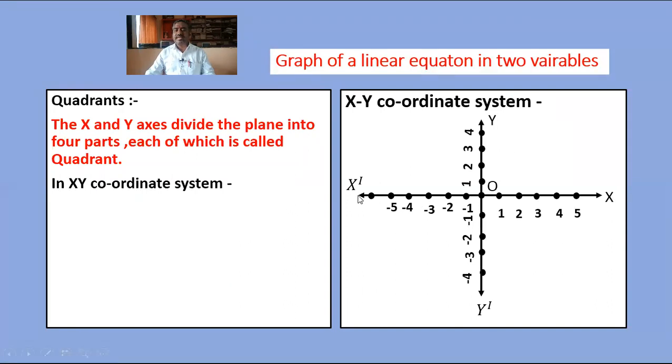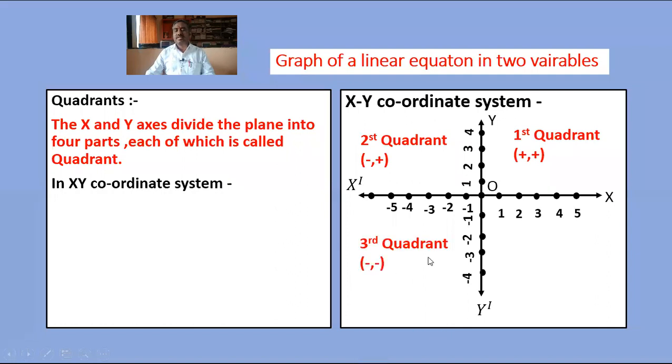The horizontal line is the X axis and the vertical line is the Y axis. Due to the X axis and Y axis, the plane is divided into 4 parts. This is the first quadrant having positive coordinates. This is the second quadrant having negative, positive coordinates.